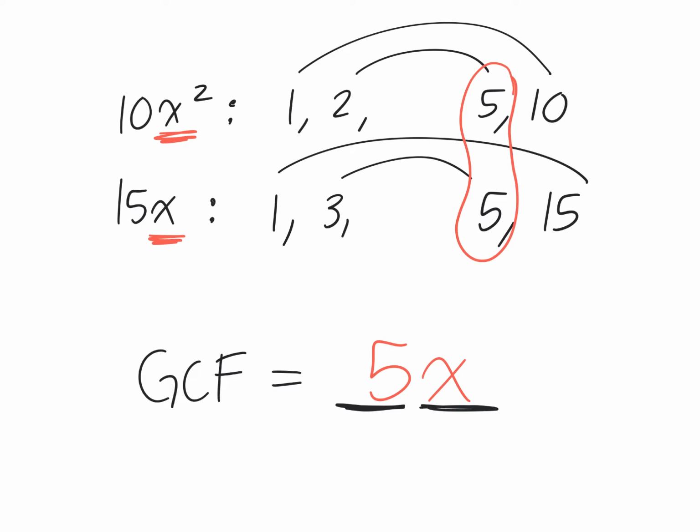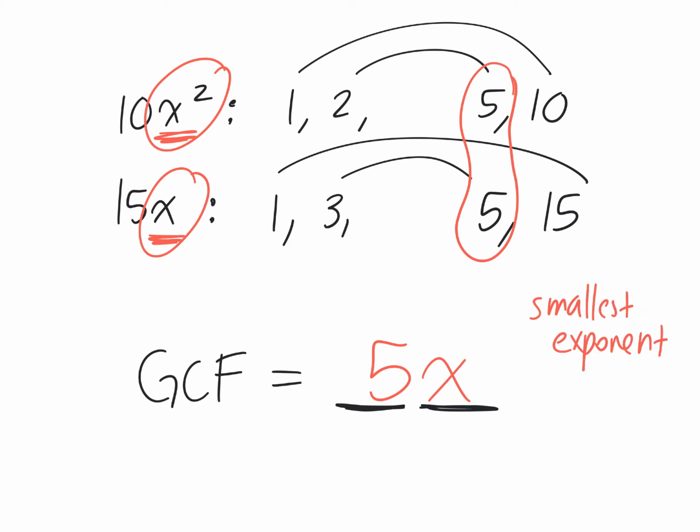Factor means that you're looking for something that it is divisible by. So when it has a common variable, you're going to choose the variable that has the smallest exponent. So what's the exponent here? We can put a 1 there, right? Both of these can be divisible by x to the power of 1.